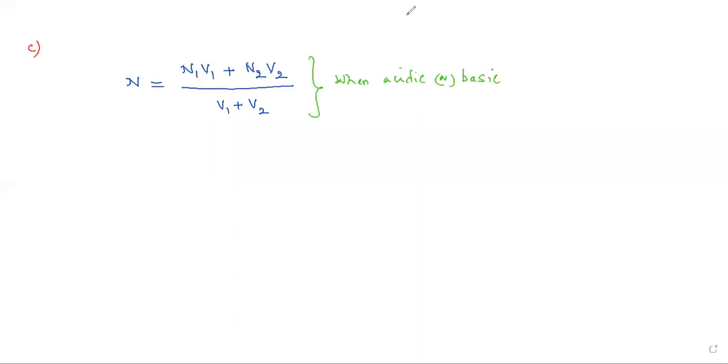This is very important here: either acidic or basic, because we are adding the things. When acidic or basic solutions are mixed, they need not be of the same solute. Remember.